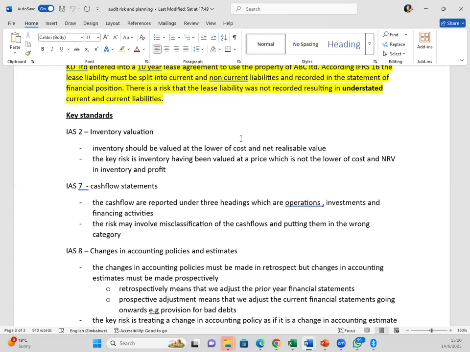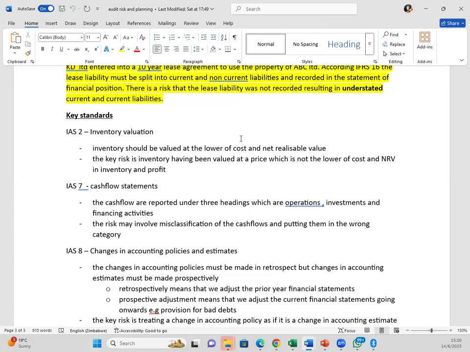Then changes in accounting policy and accounting estimates. These are also a crucial area to watch out for.